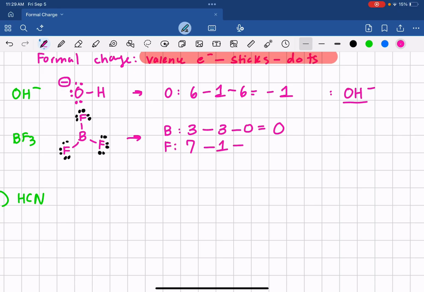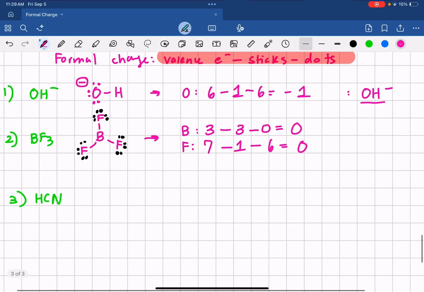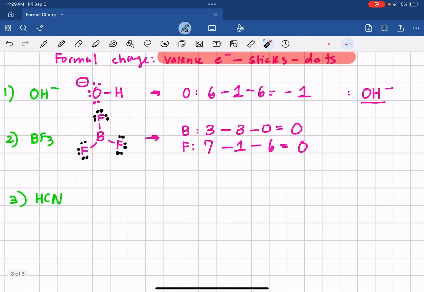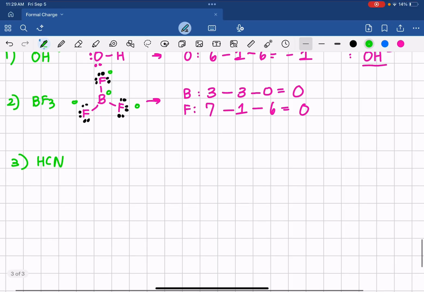Minus how many dots or non-bonding electrons? 1, 2, 3, 4, 5, 6. Perfect. Giving me a total of 0. So boron and all these fluorines overall have a formal charge of 0. If it makes it easier for you, I can literally put zeros on all of these to show that there isn't any charge on any of these atoms.